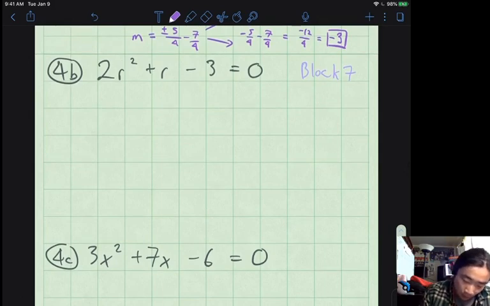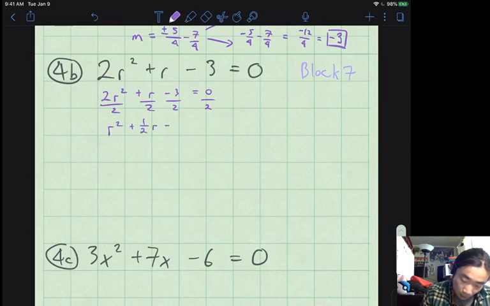So divide everything by 2, over 2, over 2, over 2, over 2. R squared plus 1/2 r minus 3/2 equals 0. Add 3 over 2 to both sides.